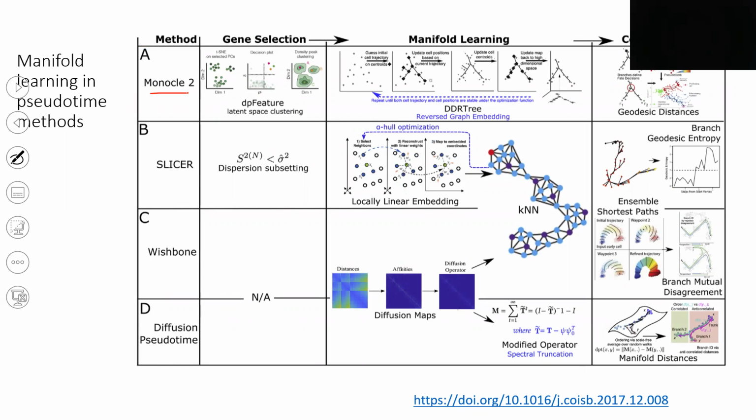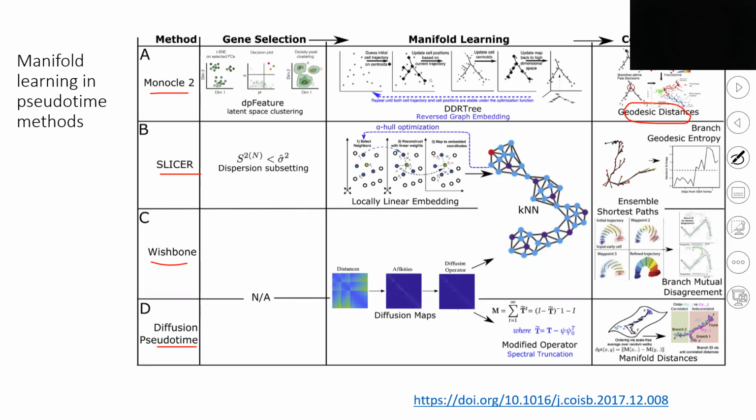So Monocle 2 slides, those ones all have some of these ideas in there. In the middle of those algorithms, for example in Monocle 2, their geodesic distance gets involved here. So the DDRTree is graph-based learning.